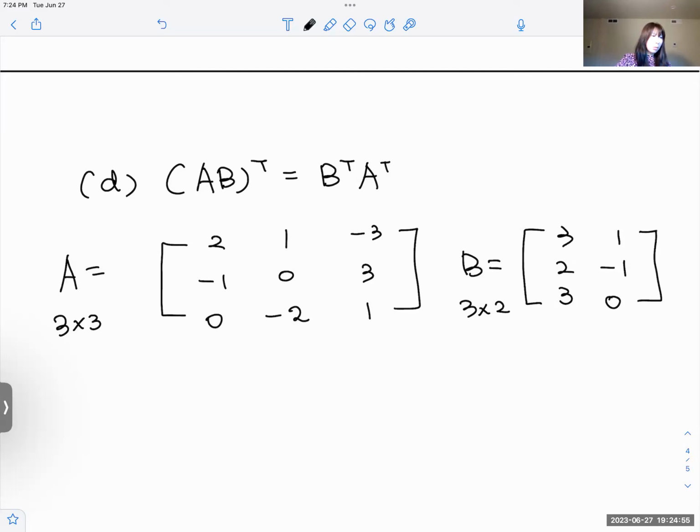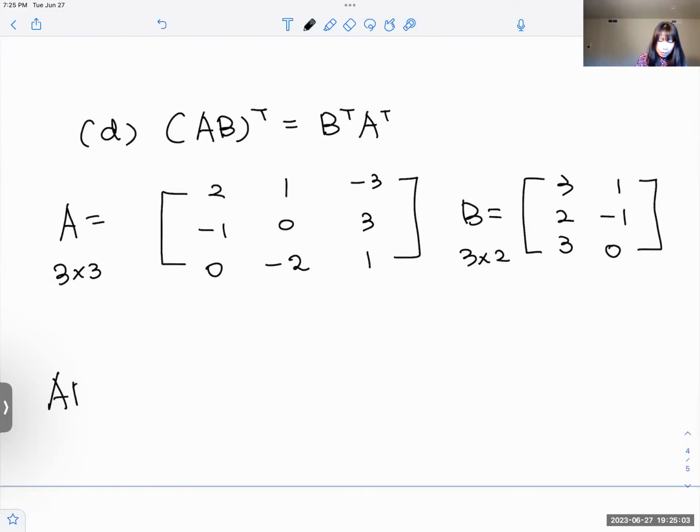We want to make a product, AB. Let's check the size, right? So it's a match, they agree. So this will be 3 by 2, right?